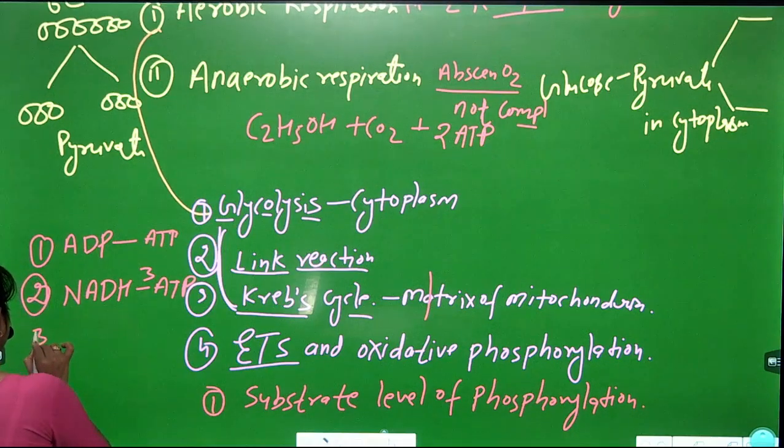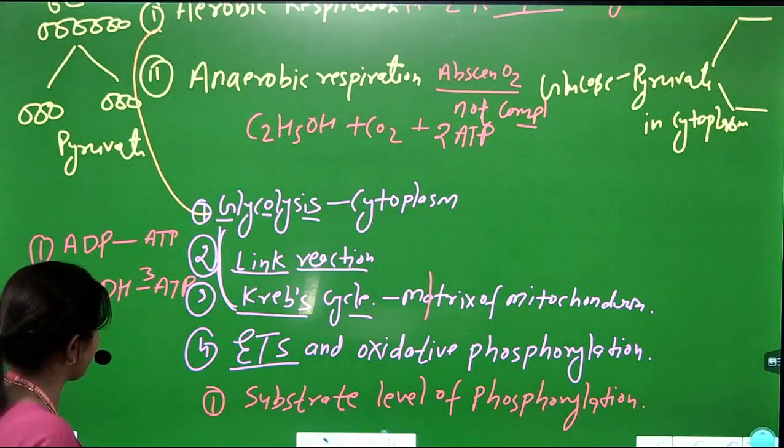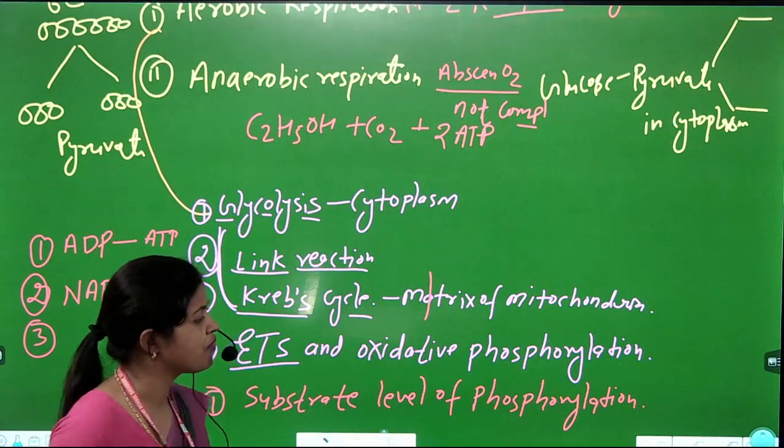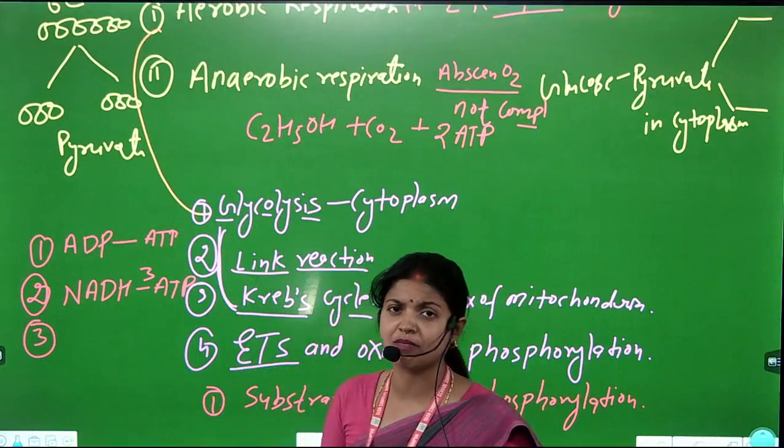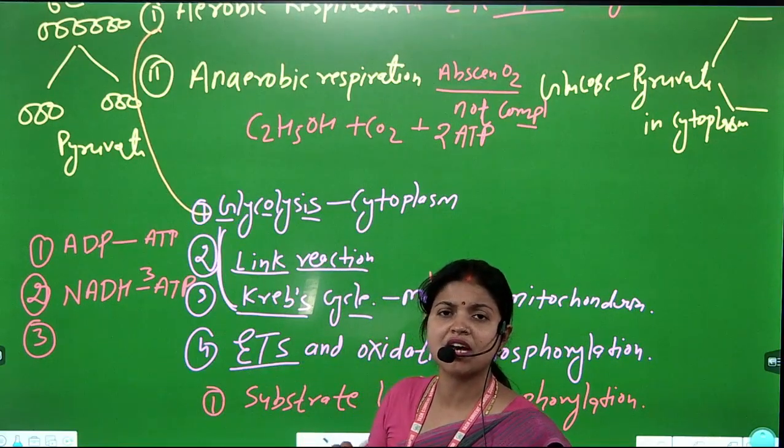And the third where ATP is formed is substrate level phosphorylation. Substrate level phosphorylation means direct formation of ATP.